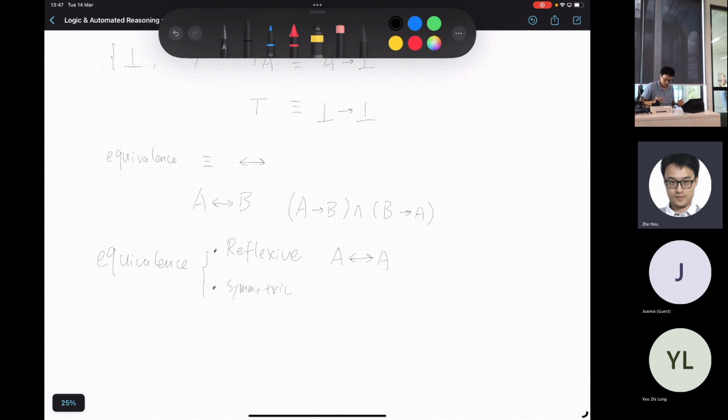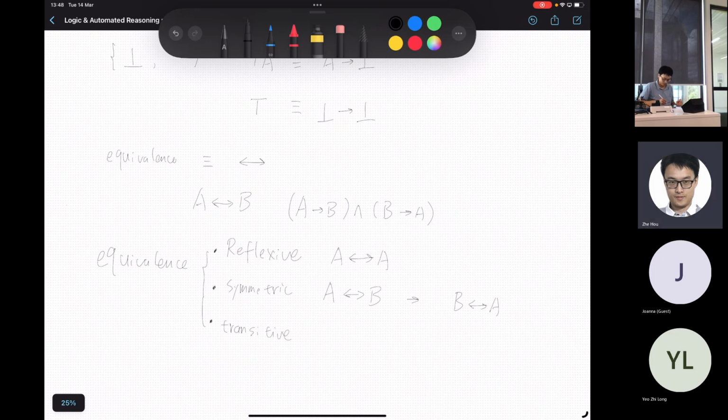Symmetric means if A is equal to B, then we get that B is equal to A. The relation is symmetric. The third one is transitive.